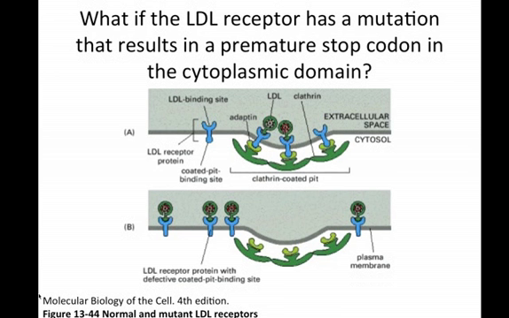I'm telling you in this question that it's in the cytoplasmic domain, so it should stop translation before you can make your cytoplasmic domain. But it all depends on the location of your premature stop codon. If it was after the first 5 amino acids, then you'd never have anything. Good question. Any other questions?